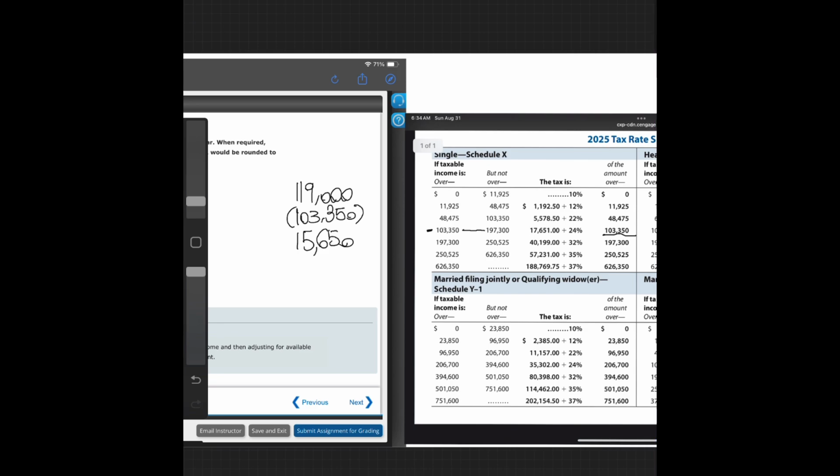Okay. And now we take 16,650 and multiply it by our tax rate, or this is our marginal rate. And that gives us 37.56.